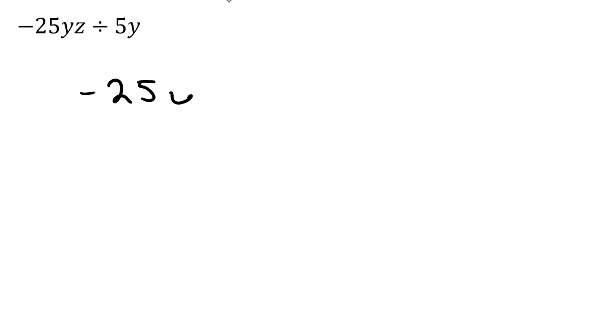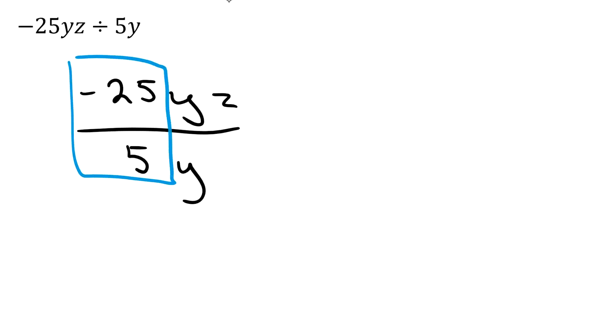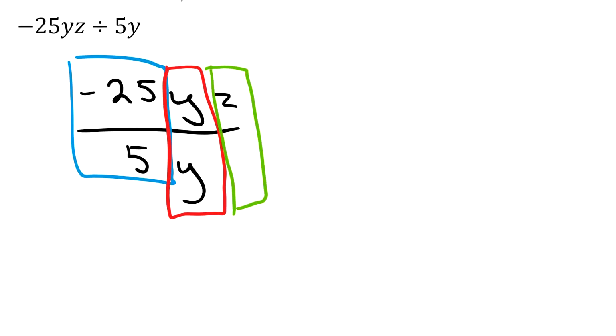So here we have minus 25yz divided by 5y. I'm going to rewrite it. Make sure you're writing things underneath similar terms. When I say that, I mean here we have our regular numbers, here we have our y's, and because there's only one z, this is where our z's would be.